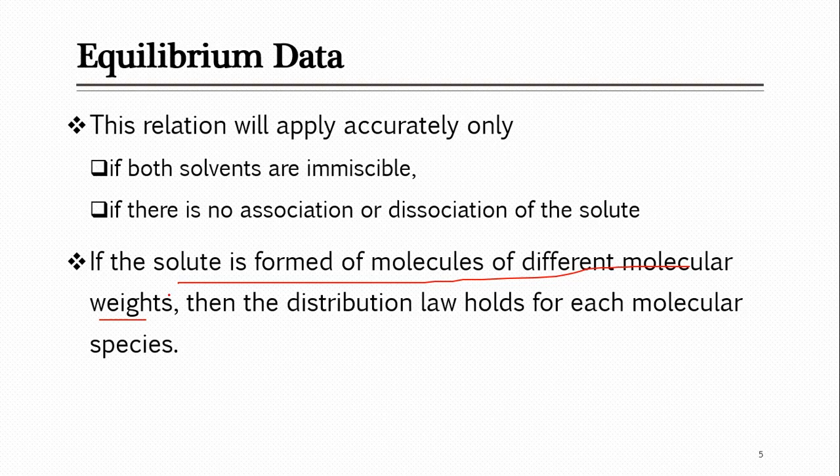These are different molecular weight components in this system. So the water contains benzene, toluene and xylene, which are actually three solutes here. In this case, the distribution law holds for each molecular species. We will apply the distribution law separately on each molecular species if we have such a system.